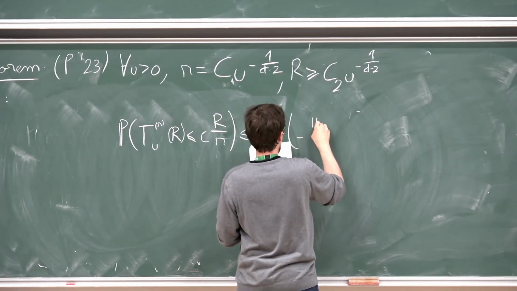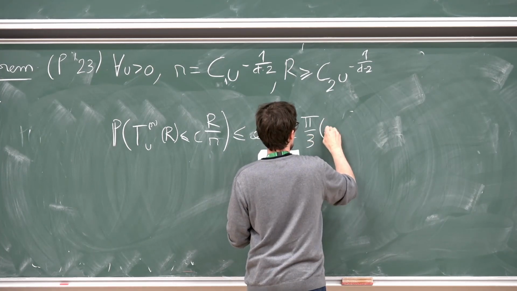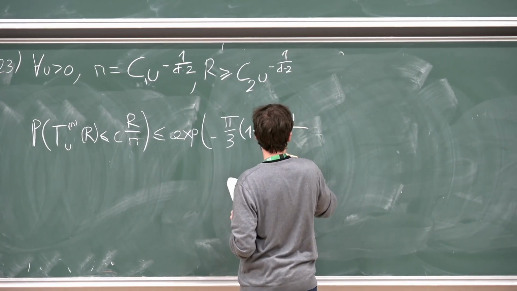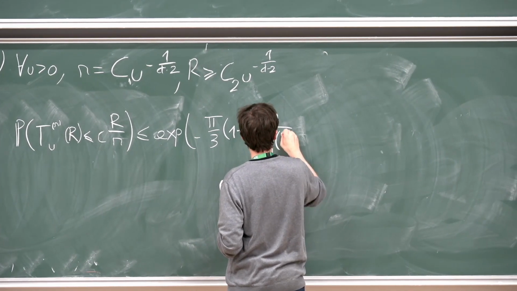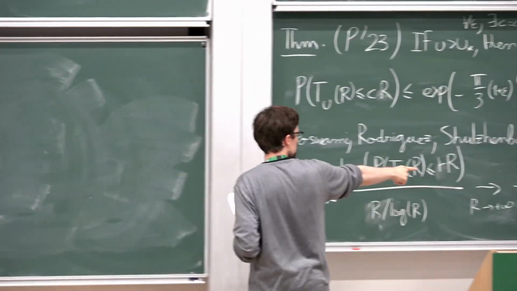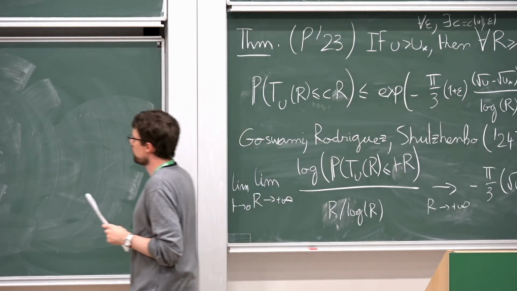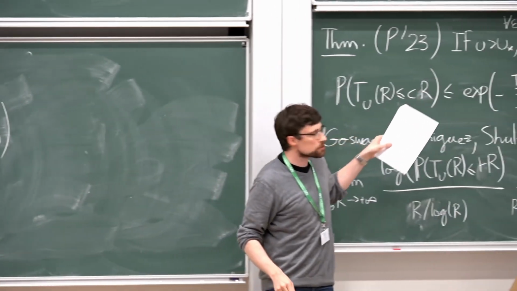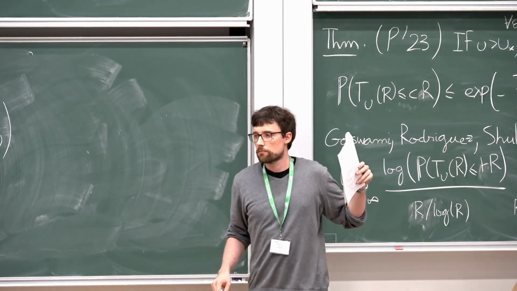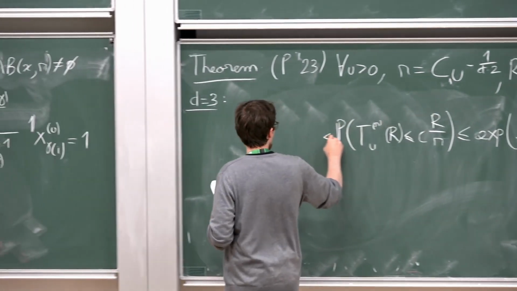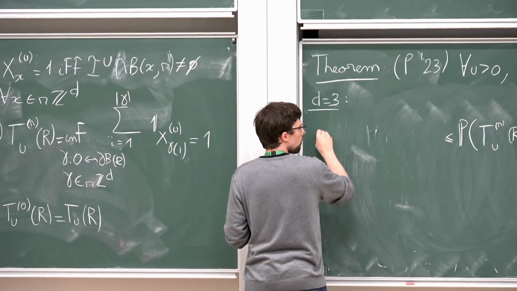So exponential of minus pi over 3, (1 minus epsilon), but instead of having u minus u star, you now have u. Instead of having square root of u minus square root of u star, squared, here you have u. In a sense, it's the same as before, but as if u star was equal to 0. Okay? And you can actually also prove quite easily a matching lower bound.